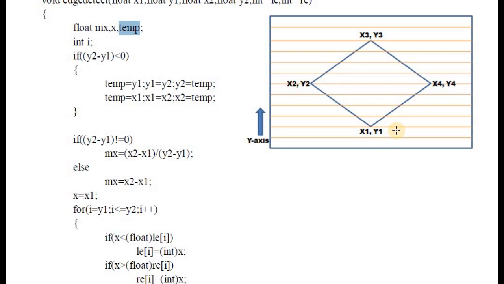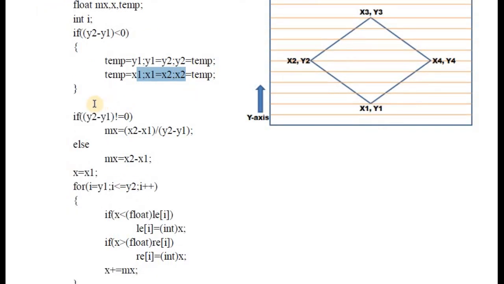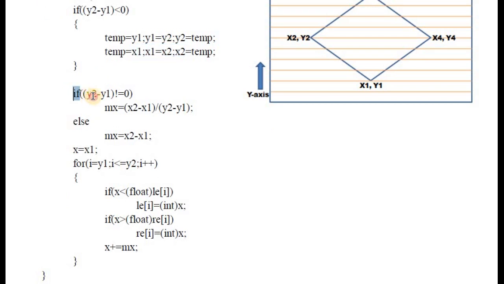Here the condition is that y1, the first point, is greater than the second point, so you'll have to change this: the y1 value has to be swapped with y2, and the x1 value swapped with x2. Once that is done, next we check if y2 minus y1 is not equal to 0.